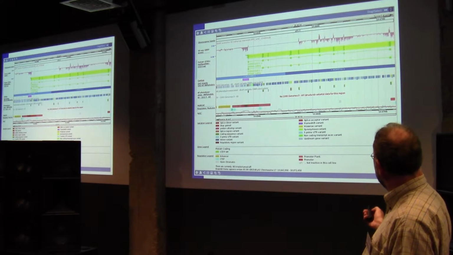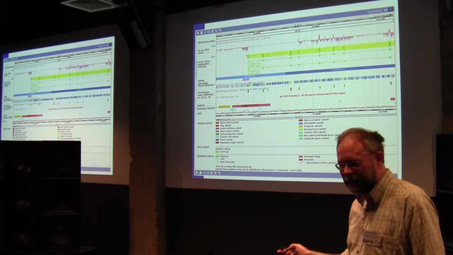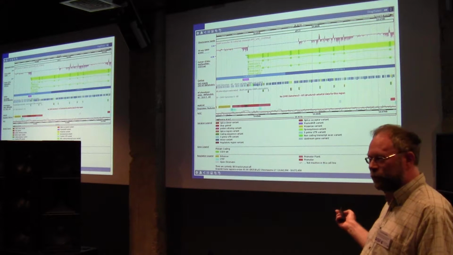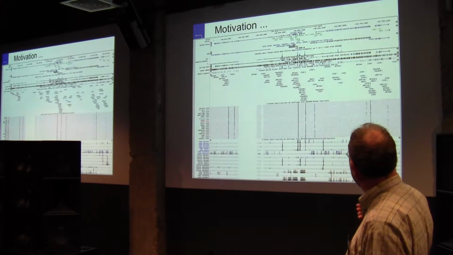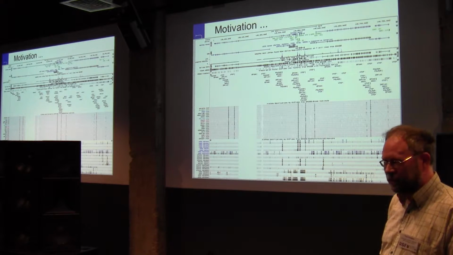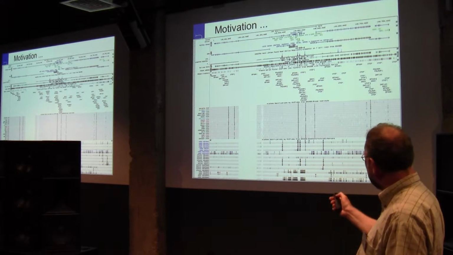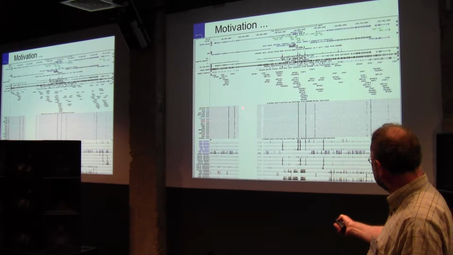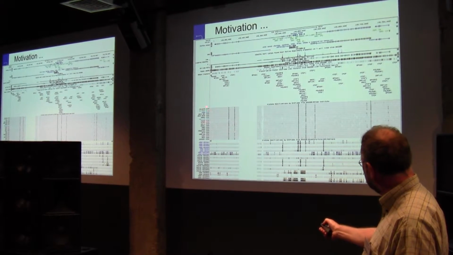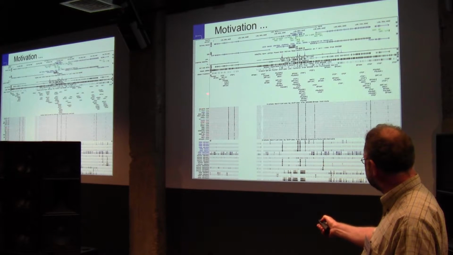And this is basically the same, but with the Ensembl browser. I have to admit I mainly use the UCSC browser. Okay, so this is sort of background, the motivation for what we're doing. We have a lot of different tracks like this. Here we have a large number of CTCF tracks for different cell types and so on.